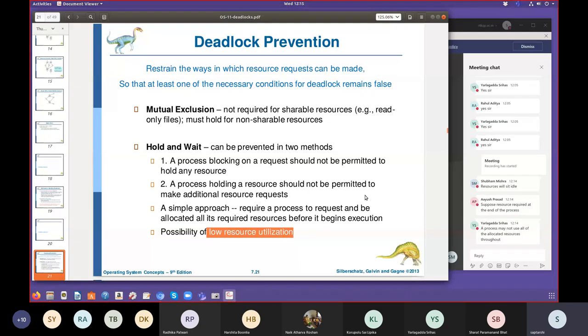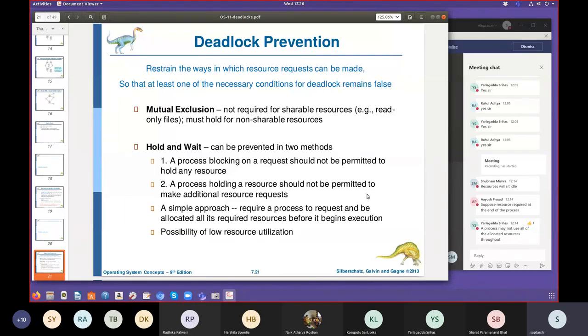Maybe a process needs to do a lot of operations and then write a small piece of text somewhere. Now, if right from the beginning it continues to reserve, say, the printer or some file to which it needs to write the information, then throughout the time when it was doing computations, this resource will be blocked, right?